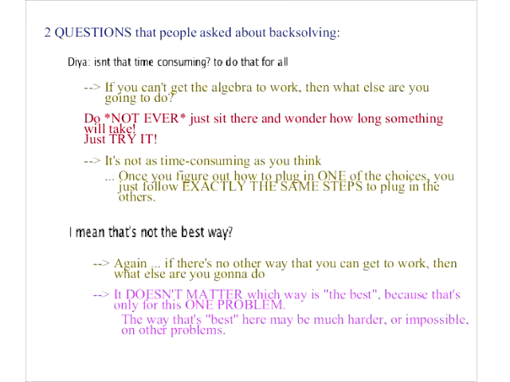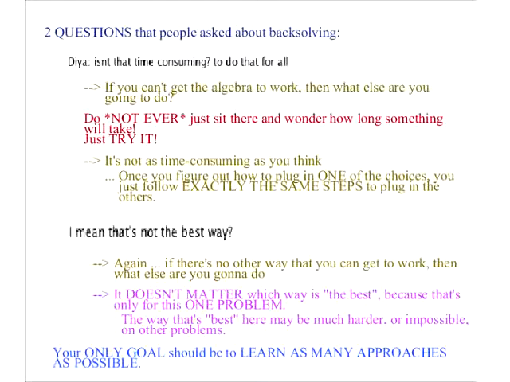So the consequence here is that your only goal, literally the only goal that you have, should be to learn as many approaches as possible. If you have one approach and someone else has two approaches, then you lose and they win.